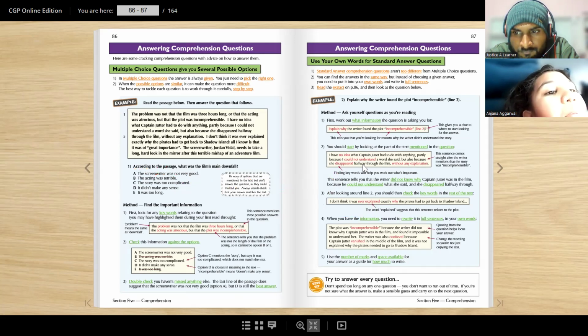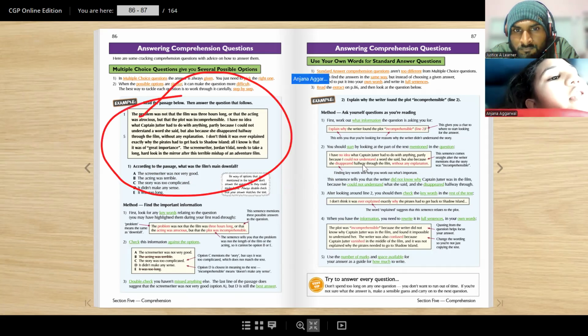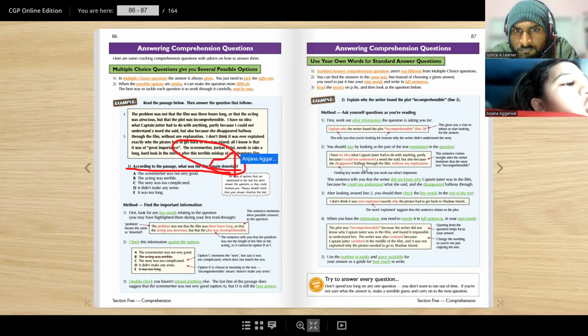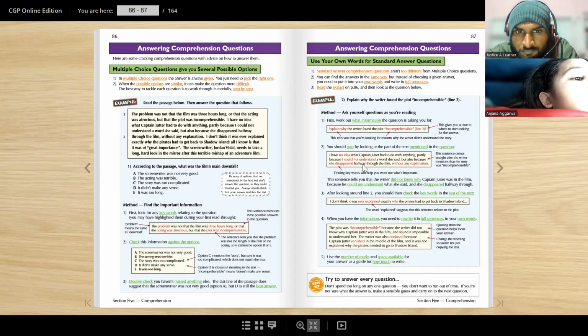But in this page it says that if it's not multiple choice and you just have to jot down the answer, then you have to actually look through the text and see how you're going to form the answer. Like, if the question was according to the person, what was the film's main downfall, you would write in the passage, the film's main downfall was that it didn't make any sense.